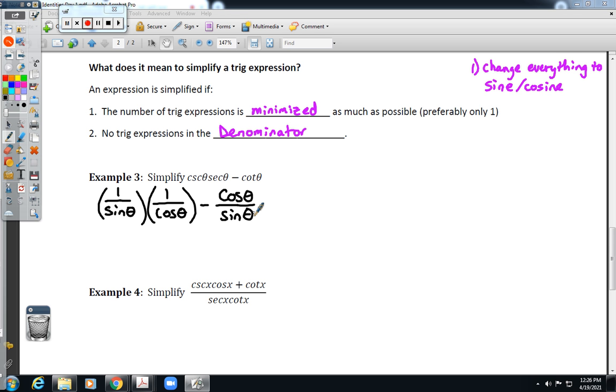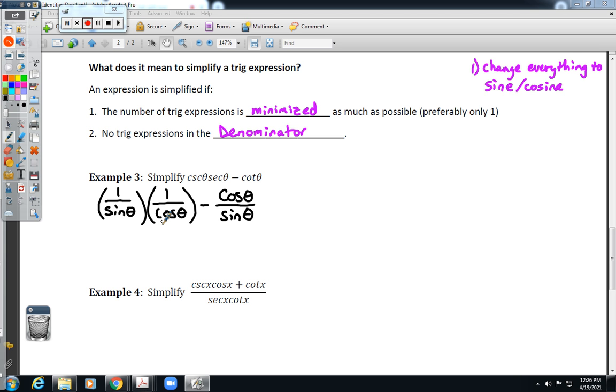Okay. Now we're going to use our algebra skills and our knowledge of fractions, both of which we know are so very strong, to manipulate this as much as we possibly can. So first off, we have two fractions here that need to be multiplied. When we multiply fractions, what do we do? Multiply the top, and we multiply the bottom.